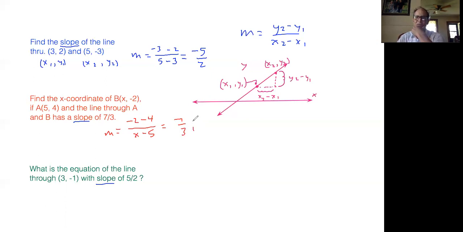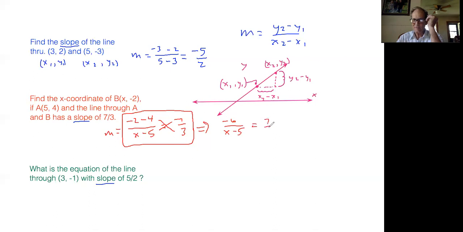I've created a proportion which has one variable in it, which I can solve by simply cross multiplying. Okay, I could make it a little bit easier. Negative 2 minus 4 is negative 6 over x minus 5, and that's equal to 7/3.